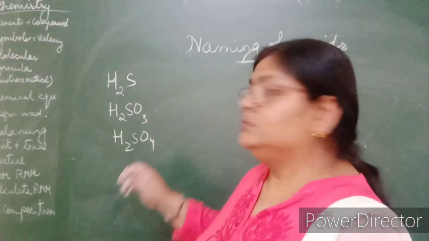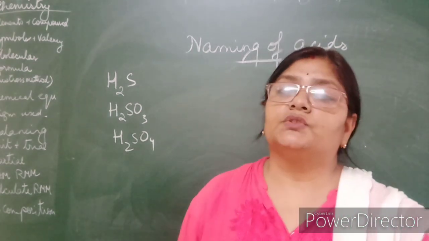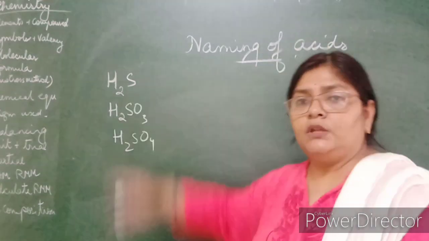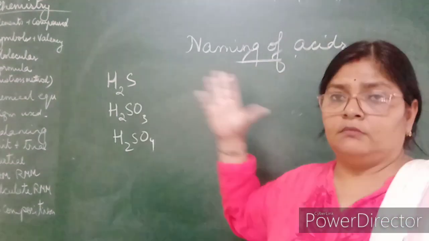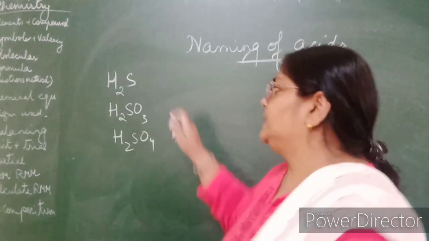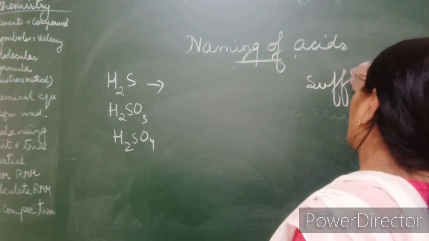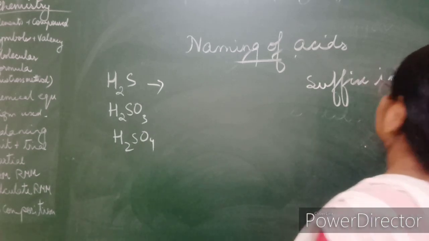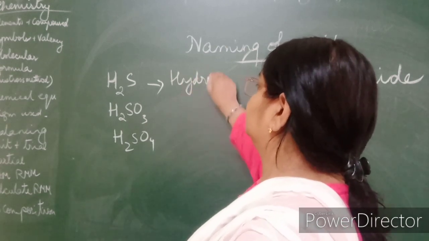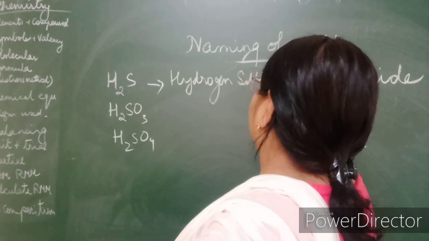Now some non-metals make various kinds of acids, showing differences in the amount of oxygen present in them. The compound which does not have oxygen in it is given the suffix ide. So this is named hydrogen sulfide.